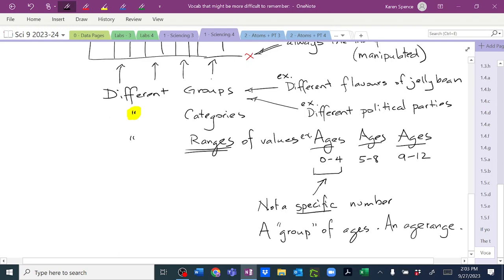So you could have a height range, you could have a foot size range. Yes? Things like that could be your ranges of values. And there you would still see numbers, but it wouldn't be a specific number.